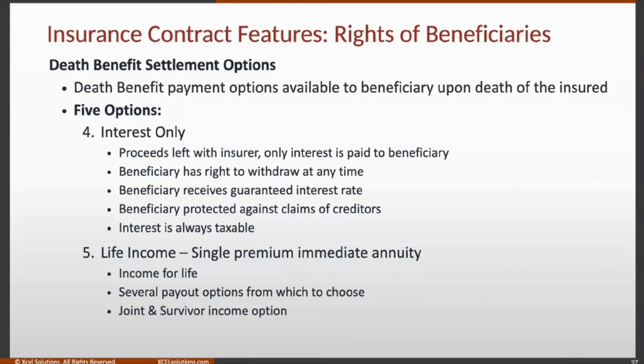So several payout options from which to choose. A person could choose a straight line payout only over their lifetime. A person could choose to have it paid out over their lifetime, also the lifetime of their spouse. That's called the joint and survivor income option.